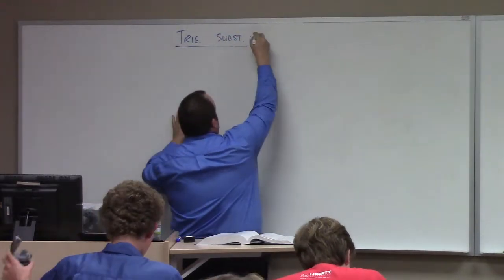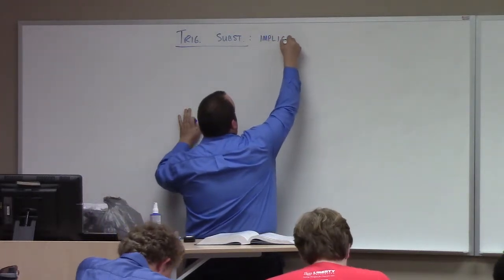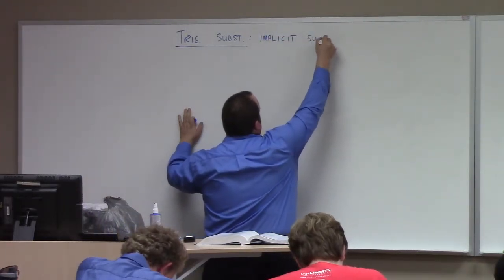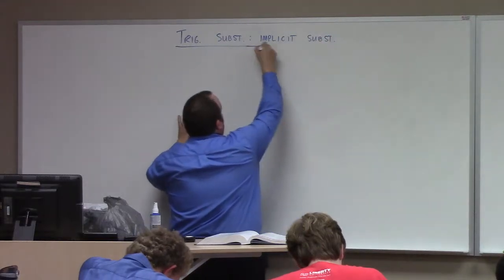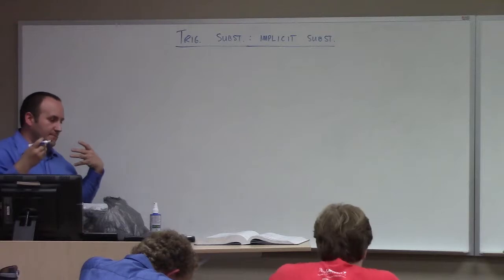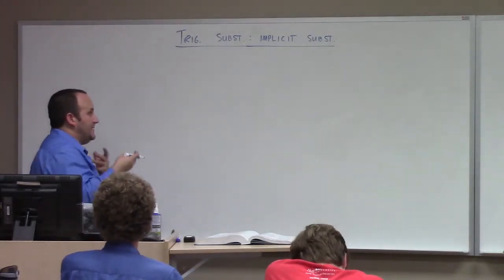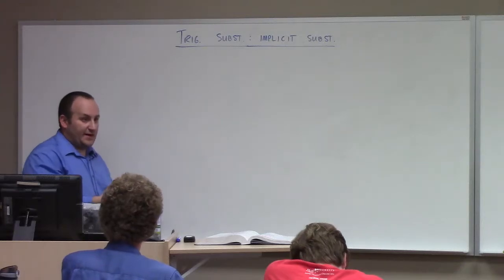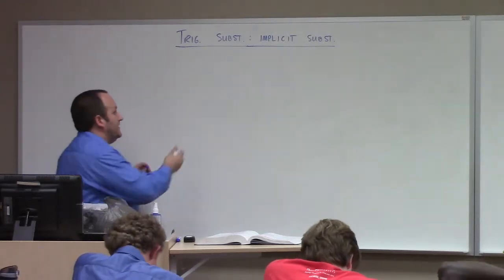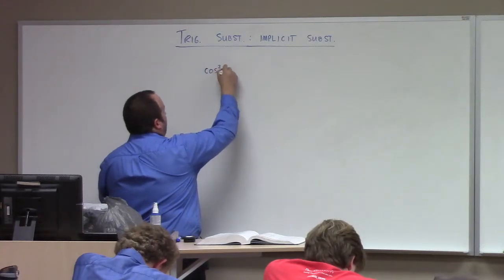So this is part of a larger program of implicit substitution. For me, my fundamental understanding of it comes from keeping in mind certain basic algebraic facts. So there's 3 sort of major algebraic facts I need to keep in mind.